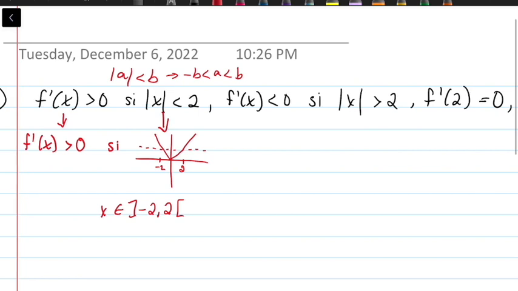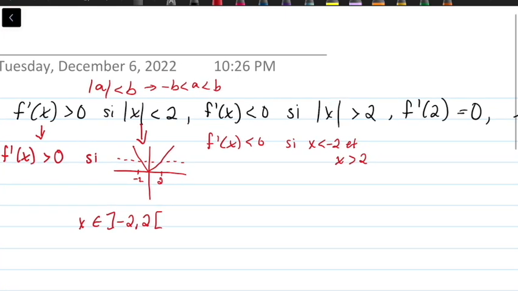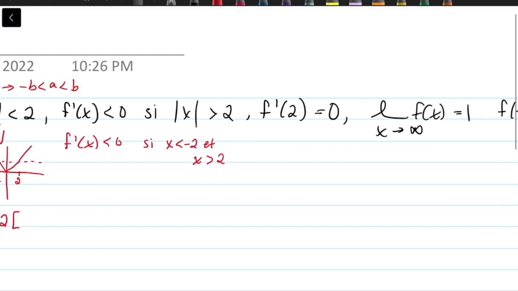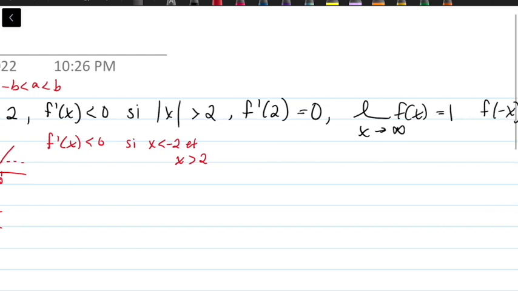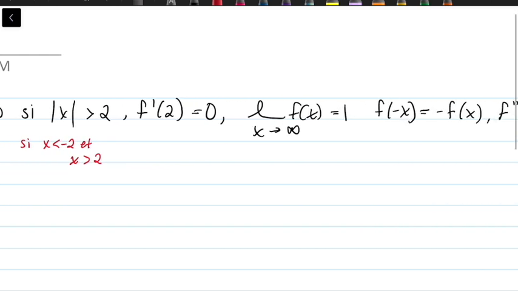So then here, f' de x est plus petit que 0. And here it's just going to be the opposite: si valeur absolue x est plus grand que 2, that means si x est plus petit que -2 et x est plus grand que 2. Just the opposite of the other one. And f' de 2 égale à 0, so that can't really change anything.